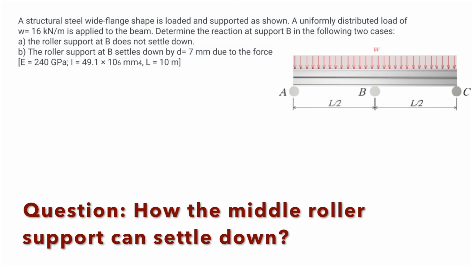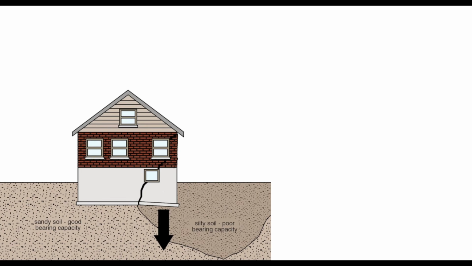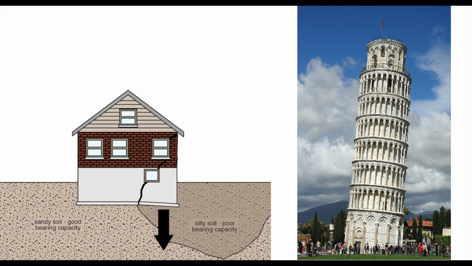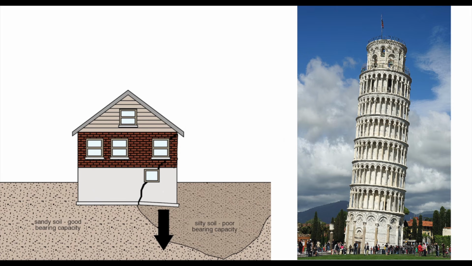We can assume that the roller itself is deforming or being compressed, or we can assume that the entire roller is moving downward. In reality, it happens in some structures where the soil underneath the structure is not strong enough. Sometimes we have uneven settlement of the soil, which causes a lot of issues because there will be a distribution of forces within the structure that are not intentionally designed, that may increase force at a certain part of the structure, which may cause damage.